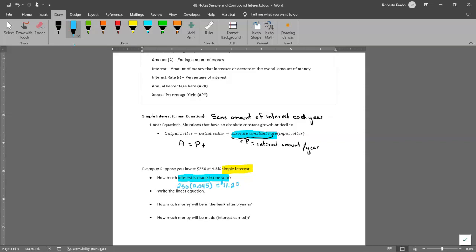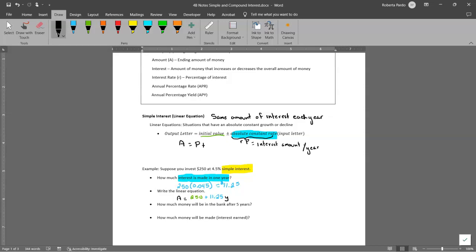Now to write that equation, we have A equals the initial amount, or the principal amount, which is $250. That's our initial amount. Now we need how much we're making each year, plus $11.25 every year. Again, sometimes you'll see a T here. I like to use Y because that represents the number of years. So how much money will be in the bank after 5 years?